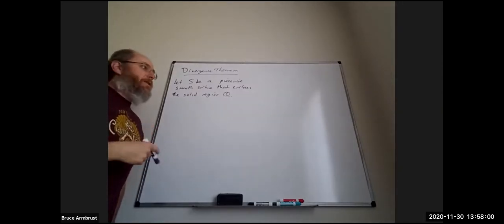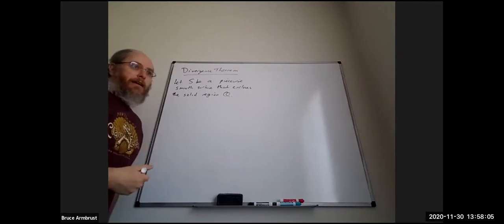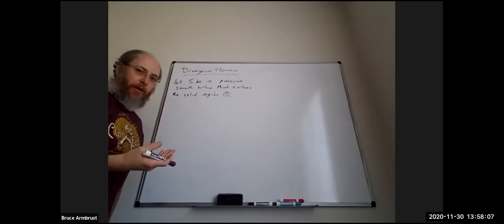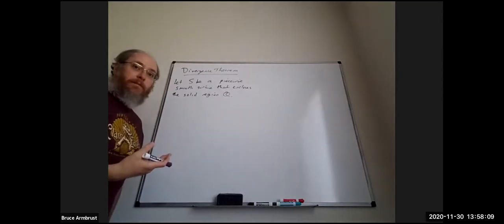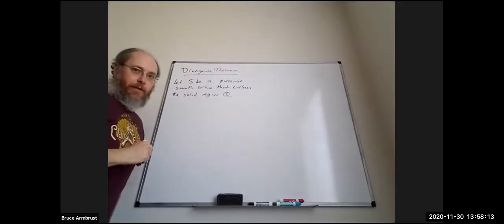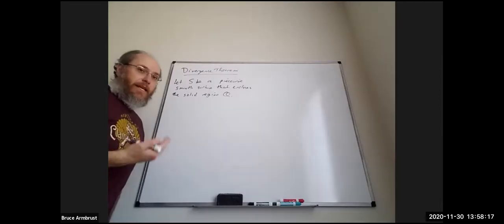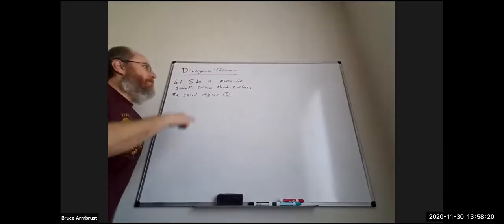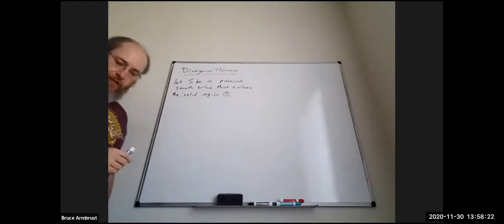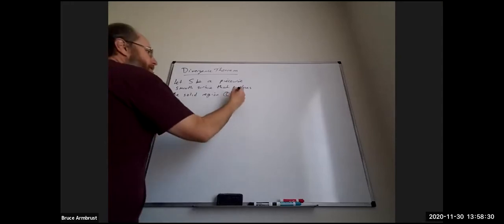We couldn't do this with an elliptic paraboloid, a bowl, unless we put a top on it. We could do it with an ellipsoid because that thing is closed and so on. So it has to enclose a solid region Q.